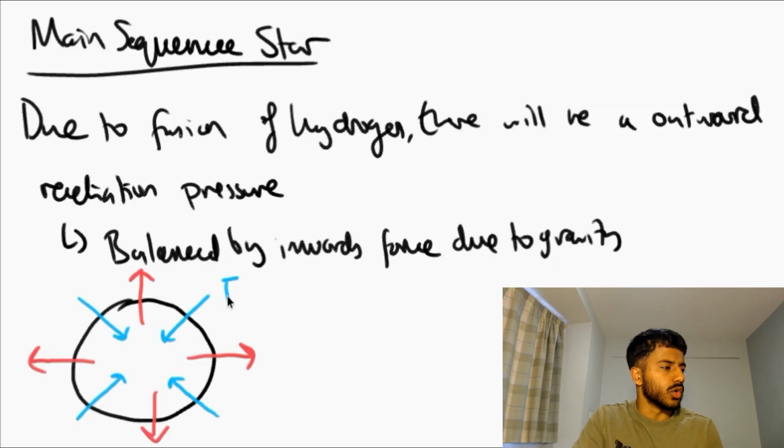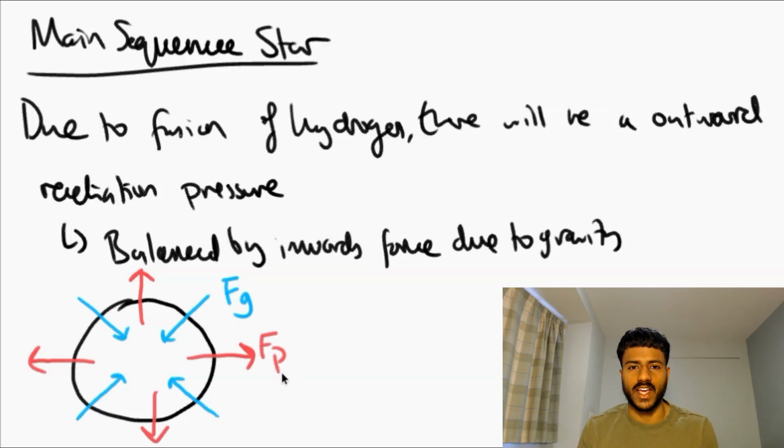We have an inwards force due to gravity, and this is balanced by this outwards force due to the radiation pressure. And this means that the star remains stable. This here is the sequence that our star, the Sun, is currently in. And it will probably keep burning for like another 5 to 10 billion years.